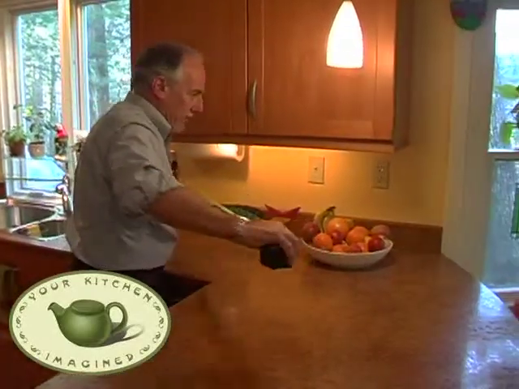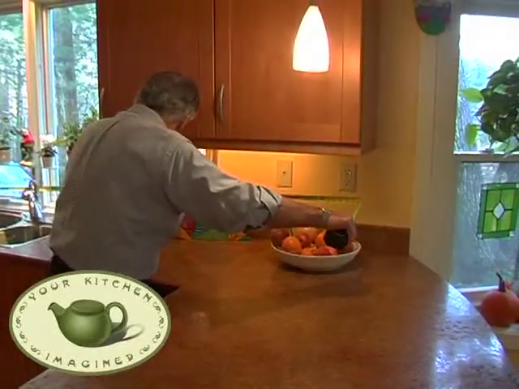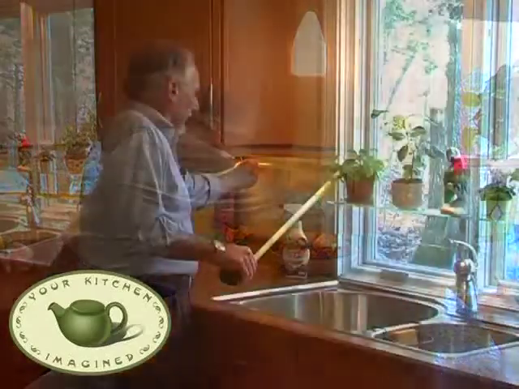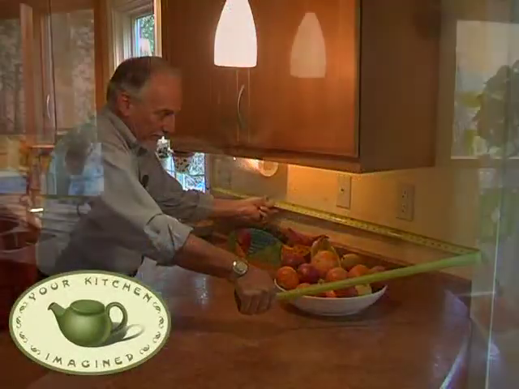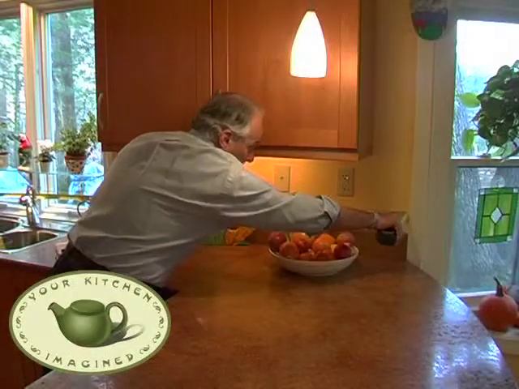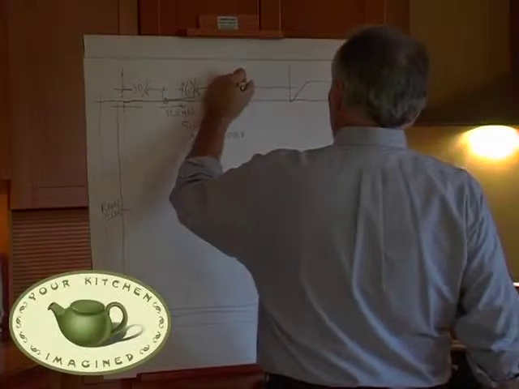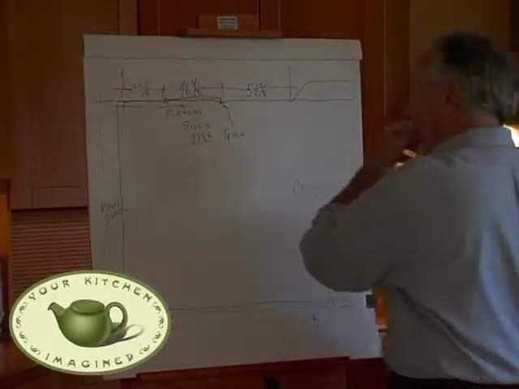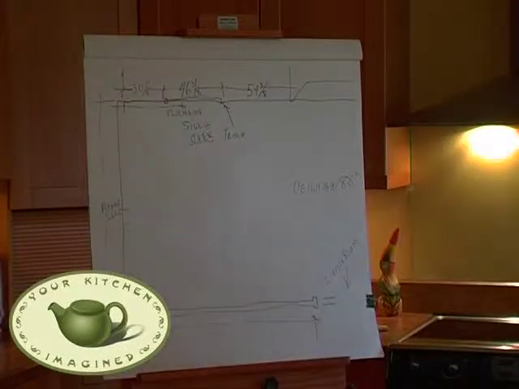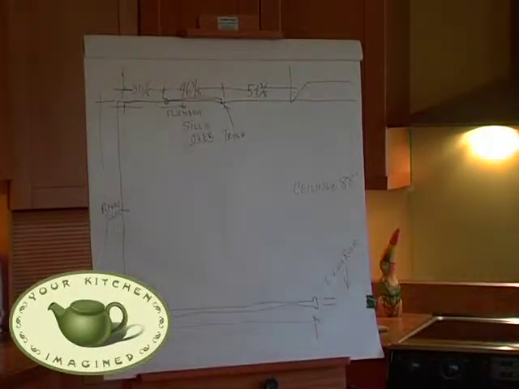In this case, our 3 dimensions all should add up to the same number on this overall dimension. In our Getting Started package, we provide a decimal conversion chart so that you can enter fractional inches into a calculator for accurate addition. Remember, we're doing this to 1/8 of an inch.